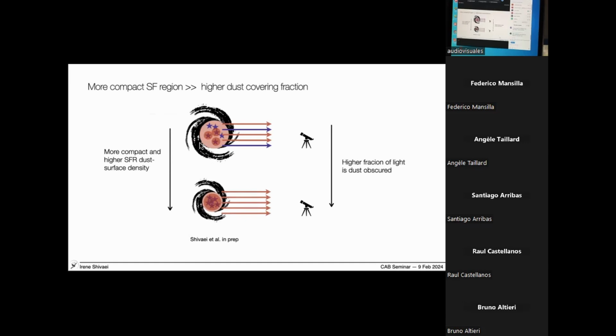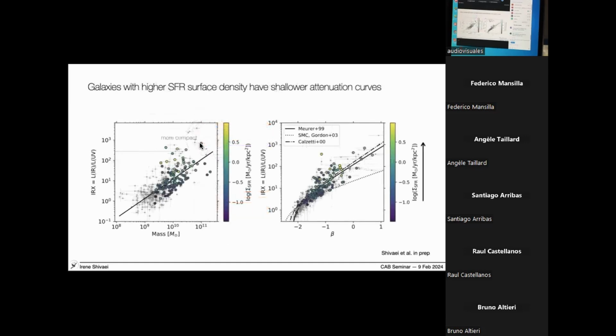So most of the light emitted from your stars is now completely obscured by dust. Therefore, your star formation obscured fraction increases. And now looping this back to the IRX-beta diagram that I showed you earlier, we see the same trend: the scatter in the IRX-beta diagram can also be explained by the star formation surface density of galaxies.